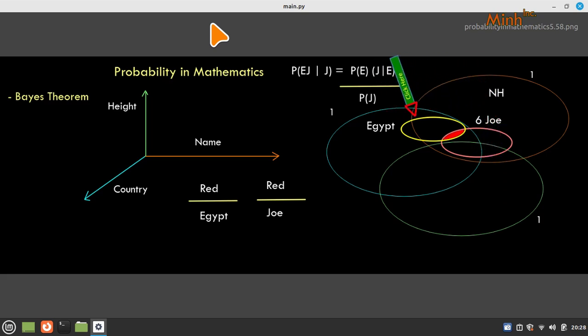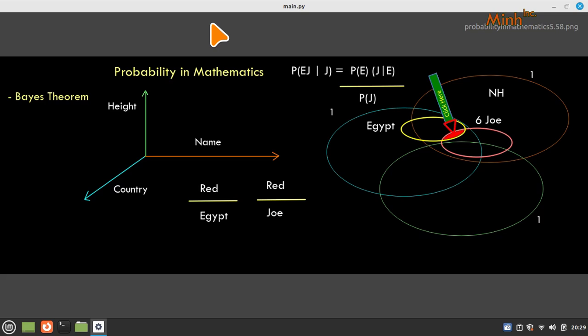If I talk about only two planes, the country plane and the name plane, and inside the country, I know the probability of Egypt, how many people are staying in Egypt, and inside Egypt, I know the probability of the name Joe, then what is the probability of Joe inside Egypt?